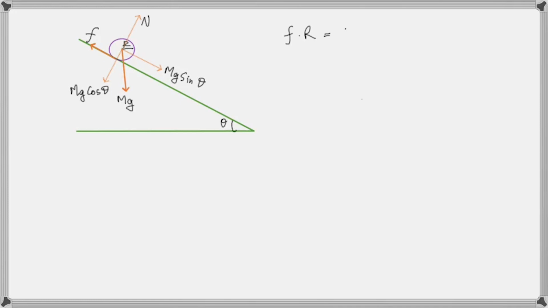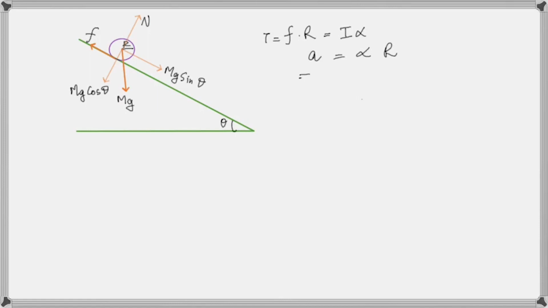But torque can also be expressed as I times alpha. So torque can be written in two ways. We also know that the linear acceleration, which we are trying to find, is alpha times r. That's the relation between linear and angular acceleration.